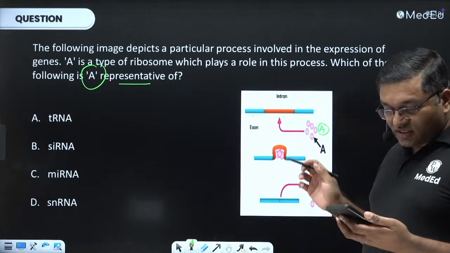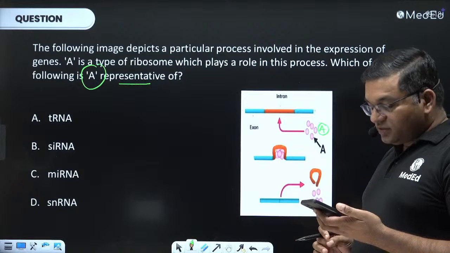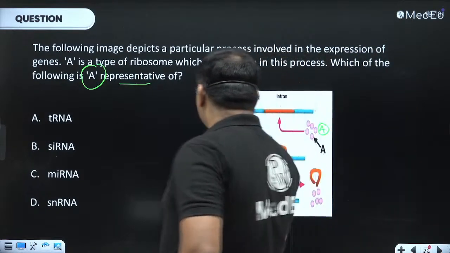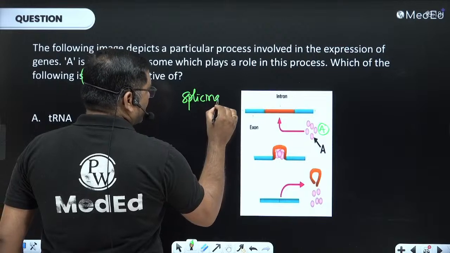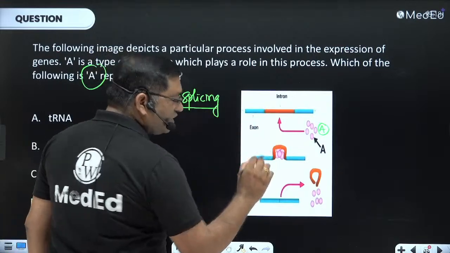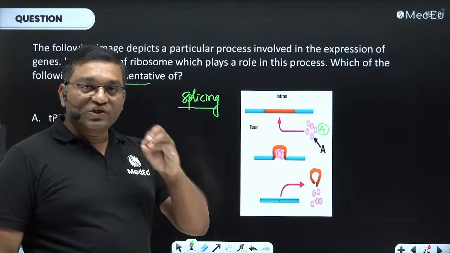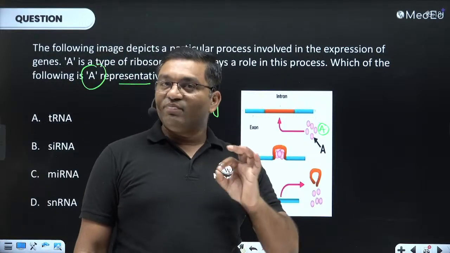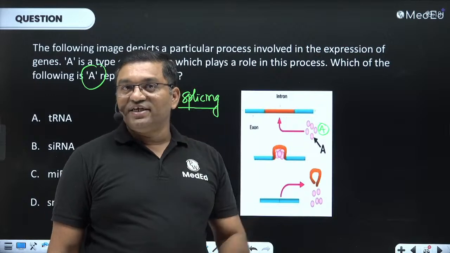In the post-transcriptional, yes, correct. This is splicing. This process is known as splicing: removal of the intron and joining of the exons together. There are two types of splicing. One is intron mediated, also known as self mediated splicing, and the second is spliceosome mediated splicing.